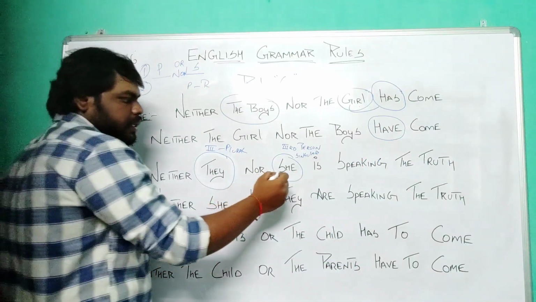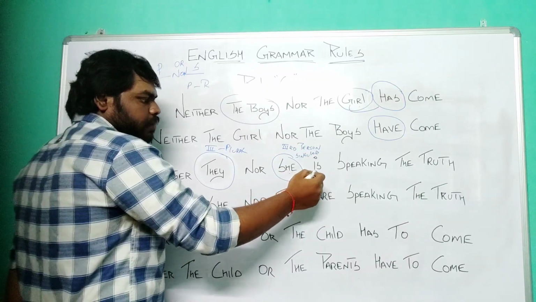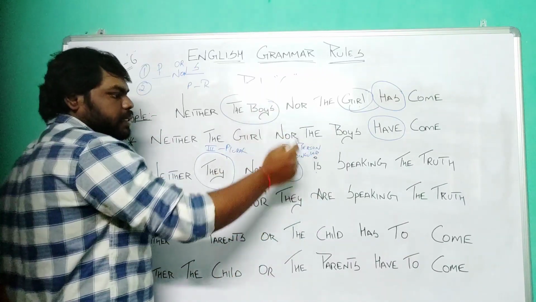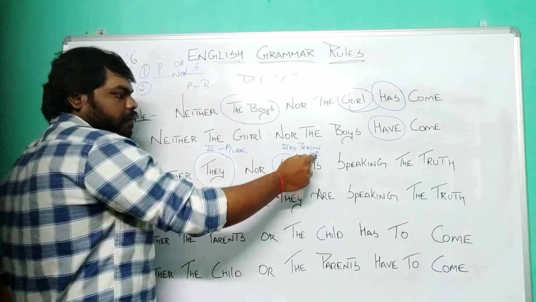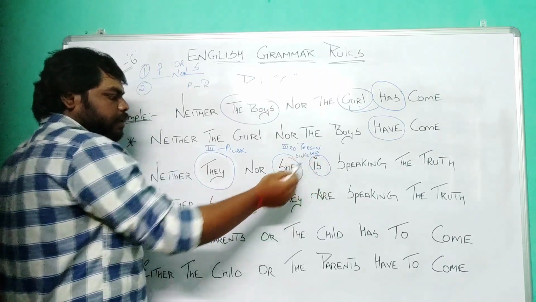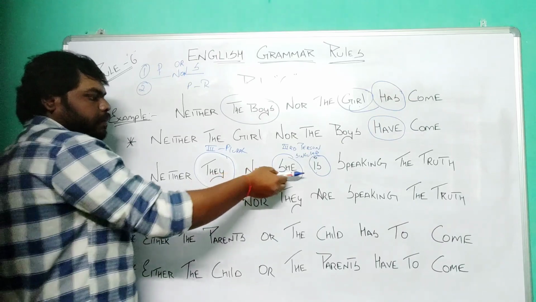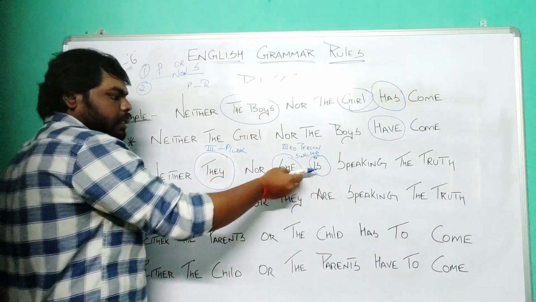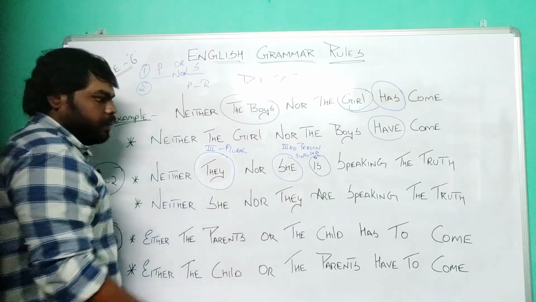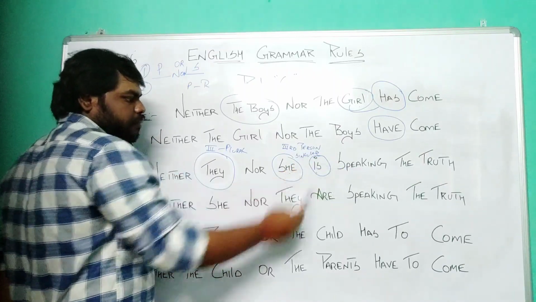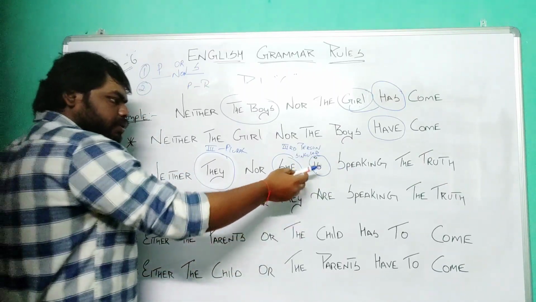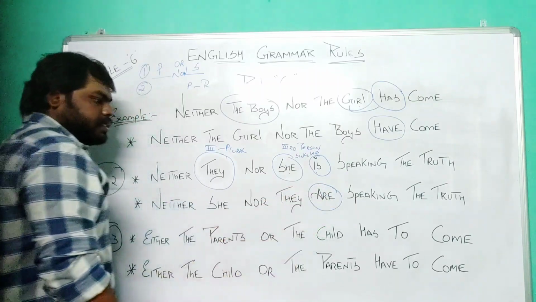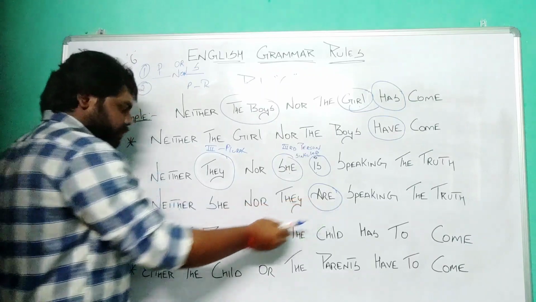We have a singular subject here and also we have a singular form of verb here. So according to rule number 6, we should be having a plural form of verb because we are having two different numbers. One is plural and one is singular. So the verb that follows should be plural. But we are having a singular form here. So we should be reframing the sentence as a plural form.